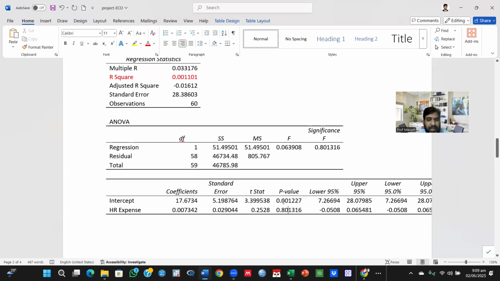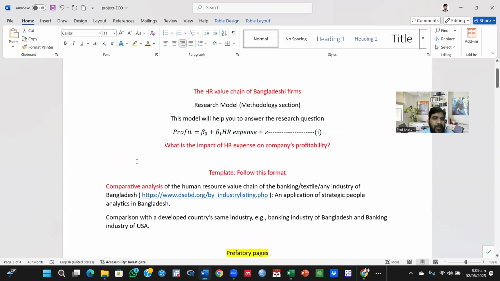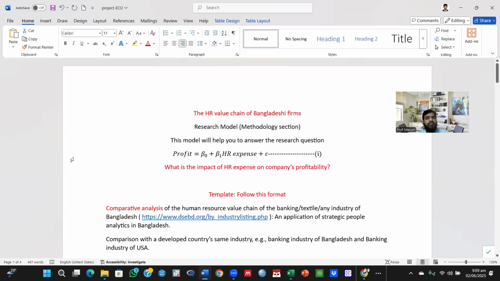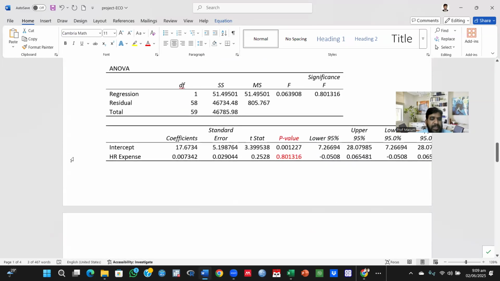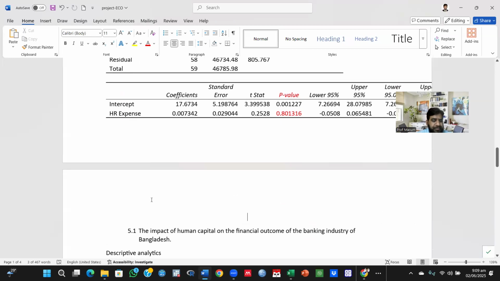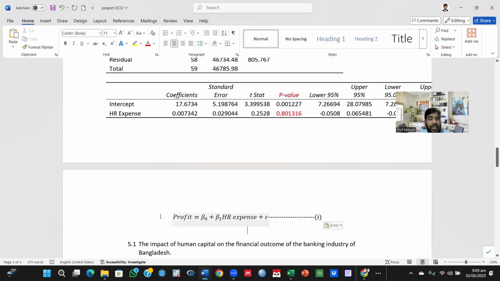Your R square and P-value tell that the impact of HR expense on company's profitability is very insignificant, and you can write it here in your model. Here is your model. You will explain your model in your results section.